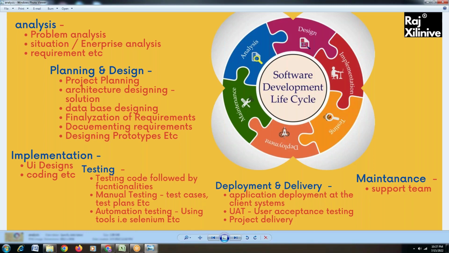At the same time, doing the project planning part, providing some architectural designing, all that, everything will be done by the project management team, architect team, followed by the business analyst team in this planning and design phase.